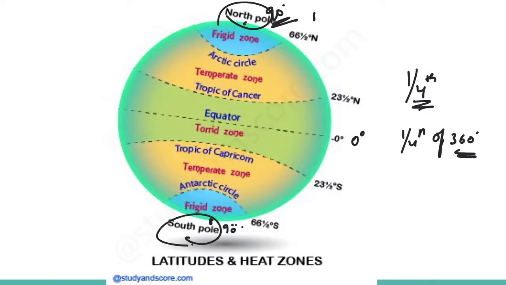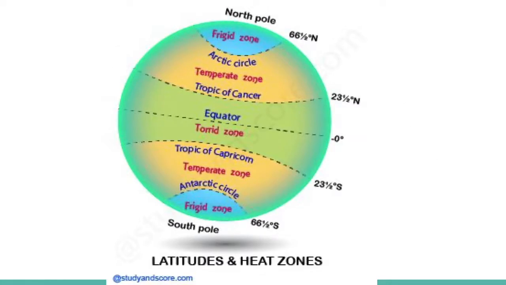All parallels north of the equator are called north latitudes, and all the parallels south of the equator are called south latitudes. The value of each latitude is followed by either the word north or south, or it is indicated by the letters N and S, which mean north and south.